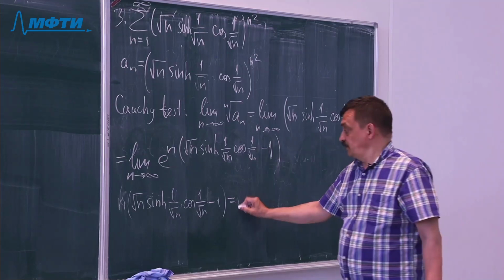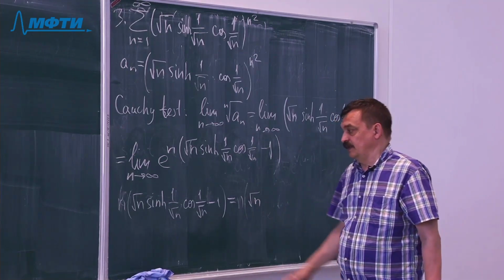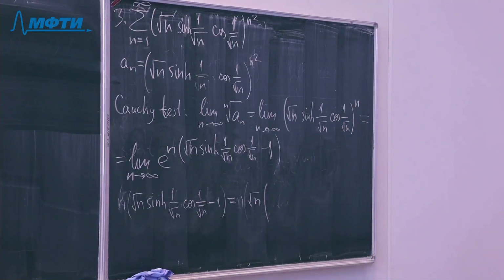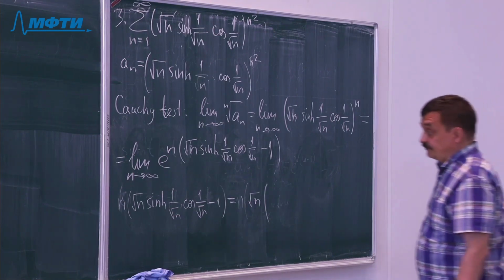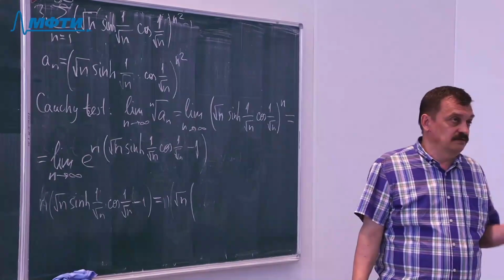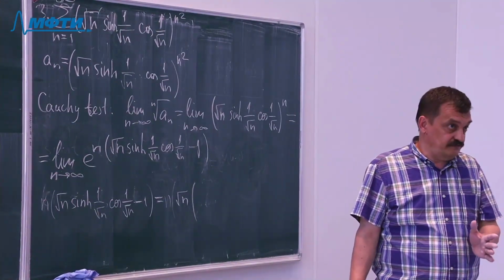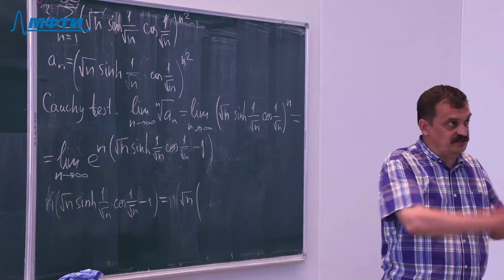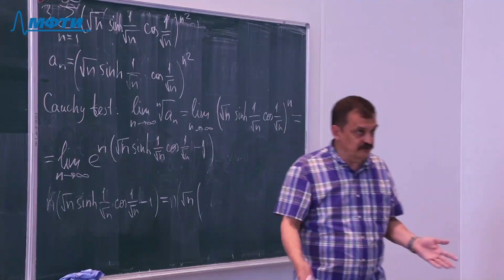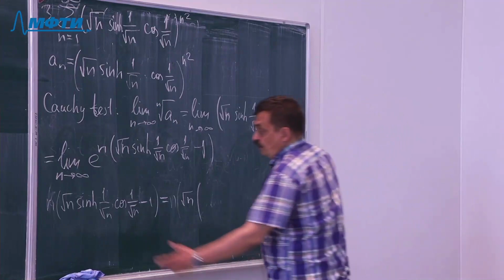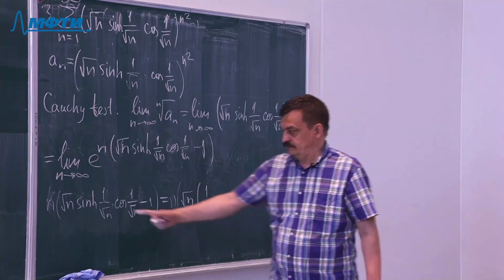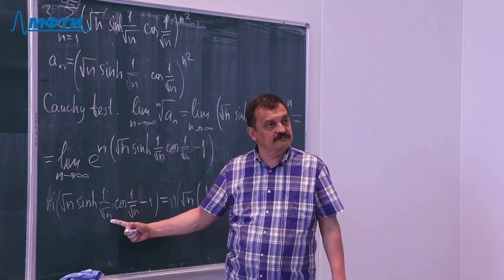So n times square root of n, we know the expression for sine hyperbolic with Taylor's formula. Sine hyperbolic coincides with the exponential function, but only for odd degrees. So if you remember the exponent, just take odd degrees, and that is for sine hyperbolic. Cosine hyperbolic only even degrees. Right, so what we obtain? 1 over square root of n, first degree, right?